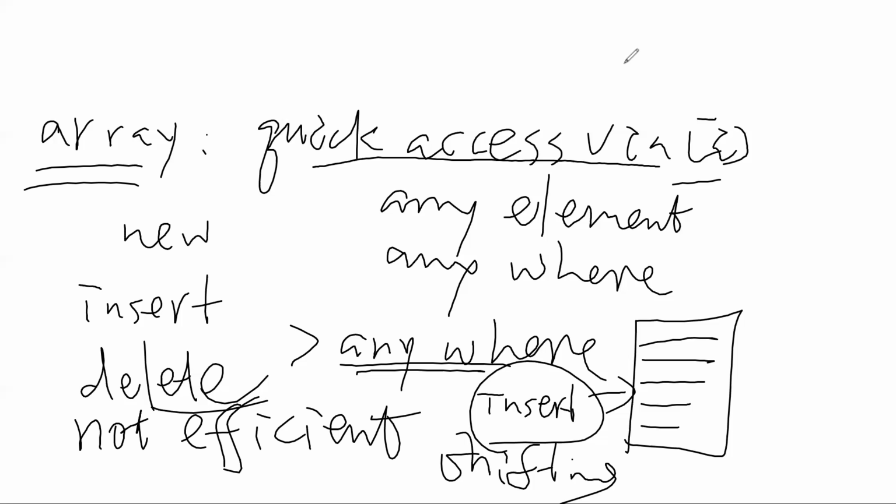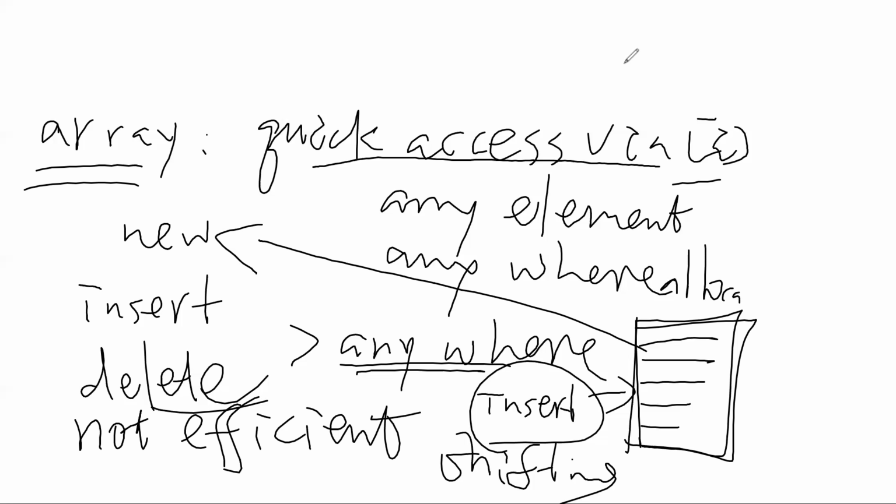And with new, the whole block of memory is allocated. Suppose at one time you allocate 1 million blocks of memory, but you only need 10 of them to use. But then you reserve all of the remaining memory. If you don't use it but you allocate it, it's kind of a waste.